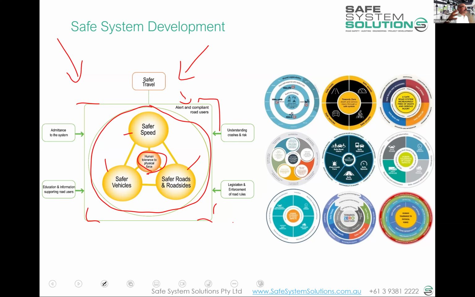Now, that was thrown out a couple of years later as a bit of a fail because it really does go against the core of the safe system philosophy. Because while we are going to try to encourage road users and do everything we can to make them as alert and compliant as possible, our system needs to tolerate somebody who is not alert or not compliant, right? And make it so it doesn't result in death or serious injury.